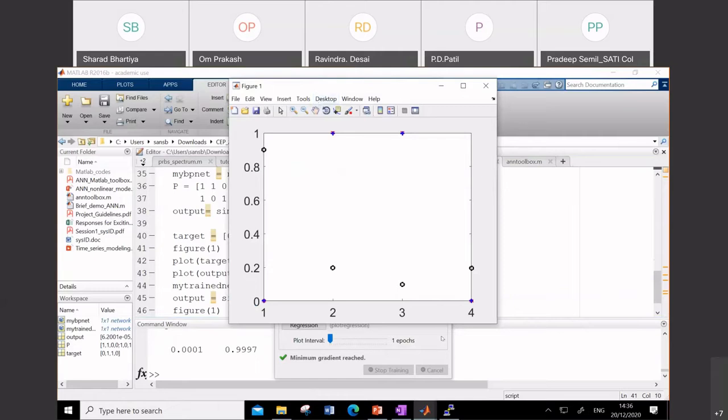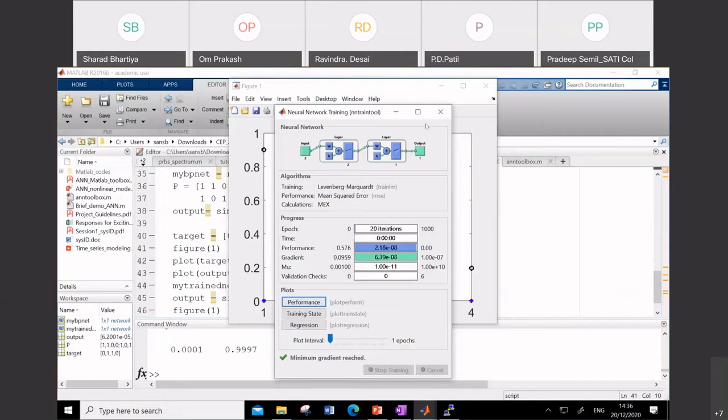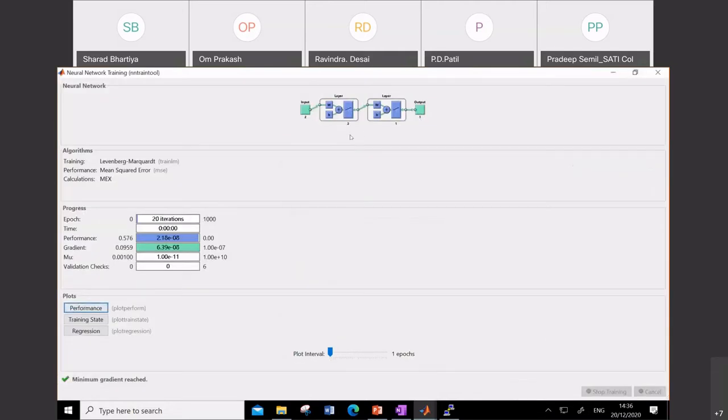So you can see that it has opened that same window. I have used now two nodes in the hidden layer, so there is one layer over here, and this is again the output layer. So it's again one single hidden layer.